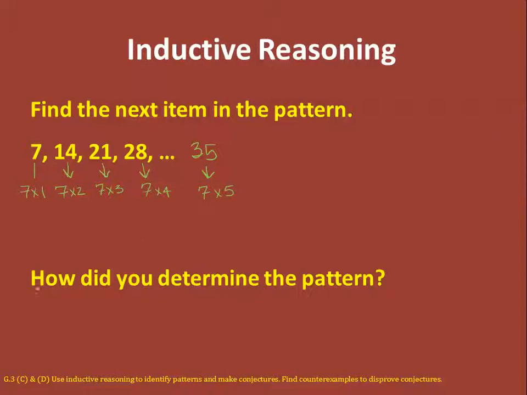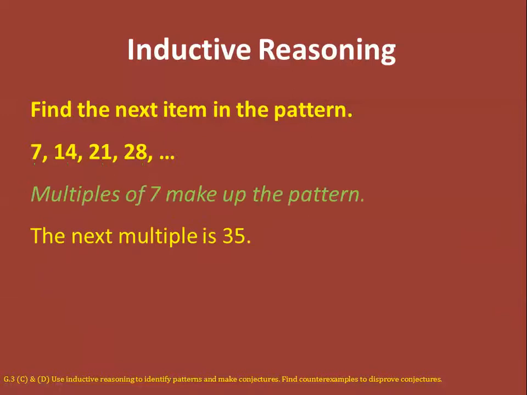And how did we determine the pattern? Well, it looks like this was multiples of 7. Let's see what the official answer says. Miss Poor is waking up yet. Okay, did good. Multiples of 7 make up the pattern, so the next multiple would be 35.